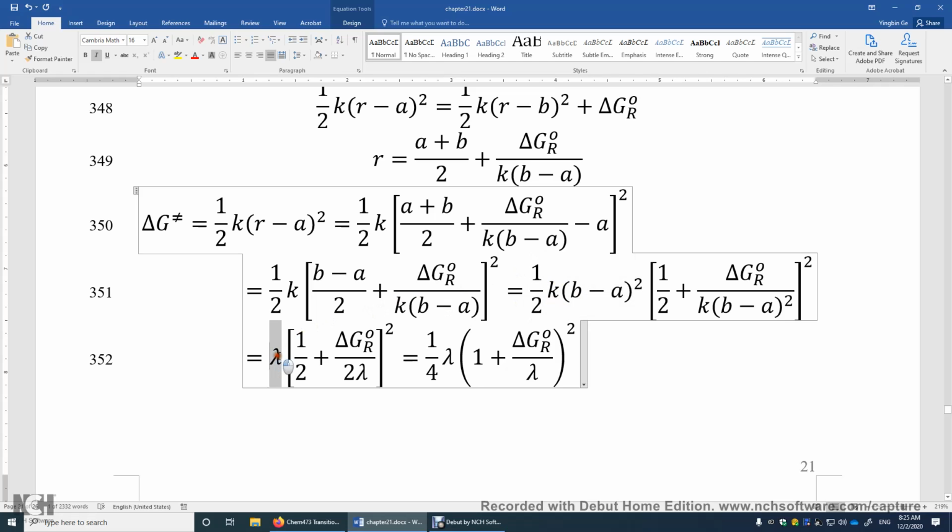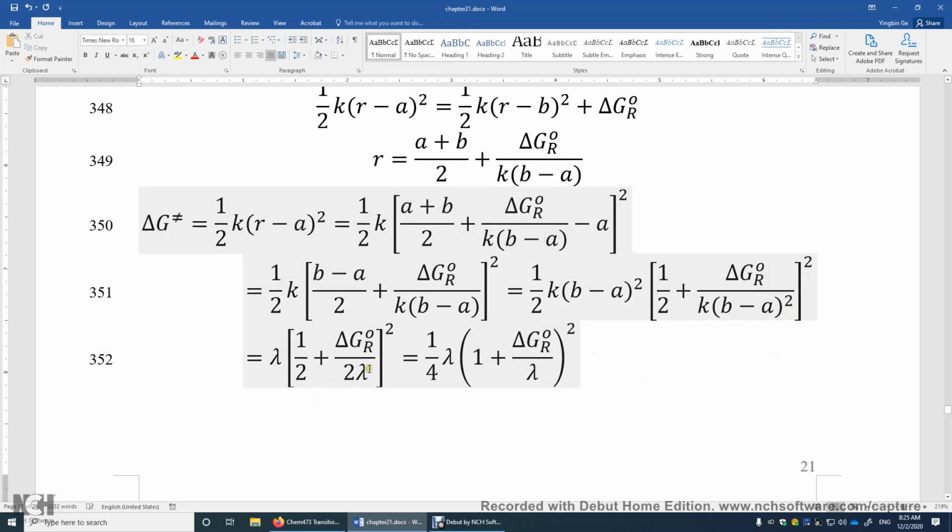I put lambda here. Okay, this whole thing is lambda. I put it here. And I got 1/2 here, I got 1/2 here, and I have delta G of the reaction on top, and on the bottom I have K times B minus A squared. But remember, this guy is simply 2 lambda. How is lambda defined? This is lambda, and therefore this is 2 lambda.